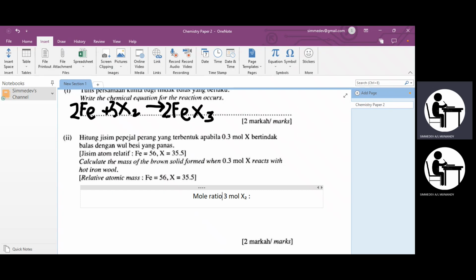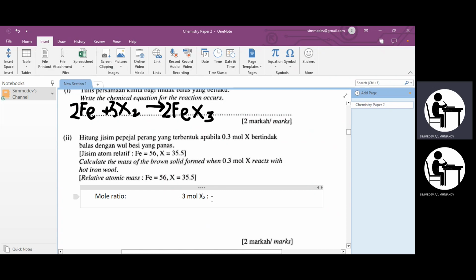You could simply put a dash or dots. I think I moved it way too far. Okay, mole ratio. So you make your working as clear as this.